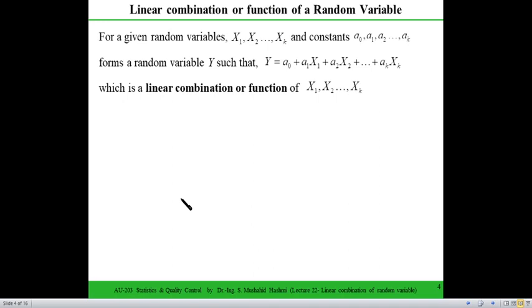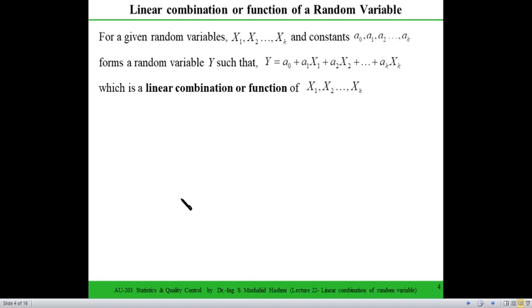We call it the sum a0 plus a1 times x1 plus a2 times x2, leading to another random variable y, and we can say that y is actually a linear combination of the random variables x1, x2, up to xk.